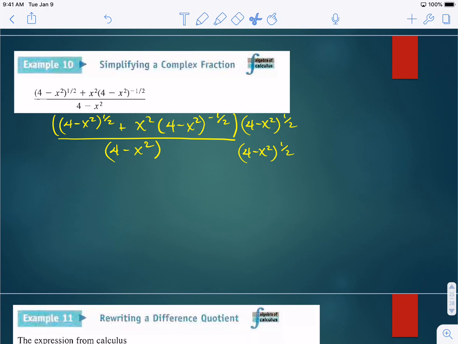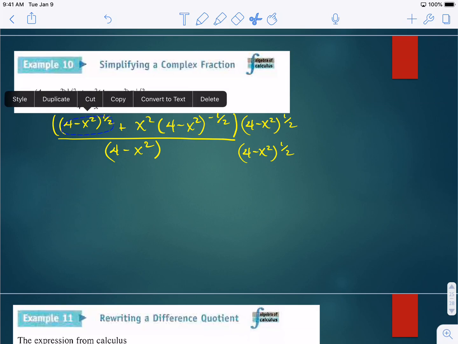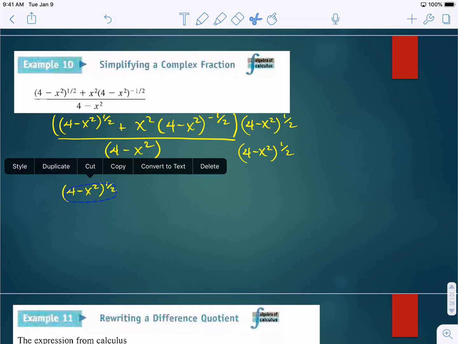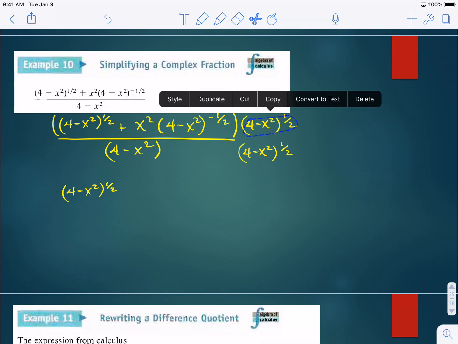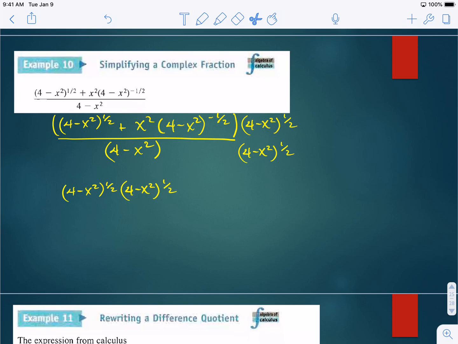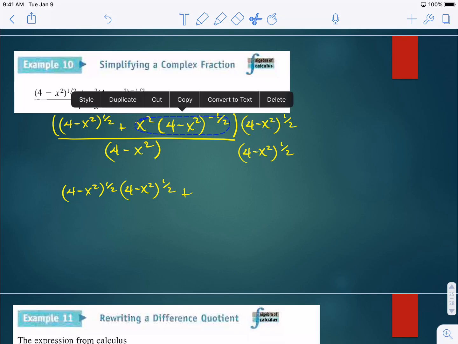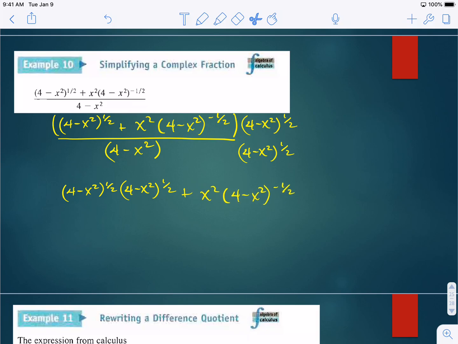We actually have this multiplied by this, plus this whole expression multiplied by this.